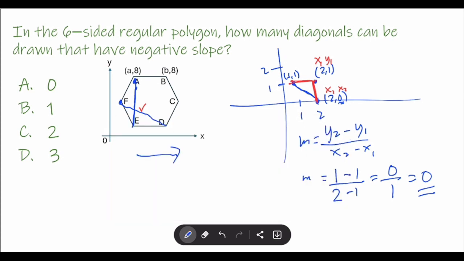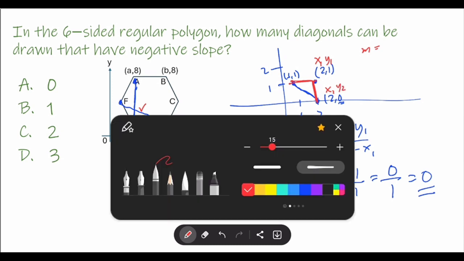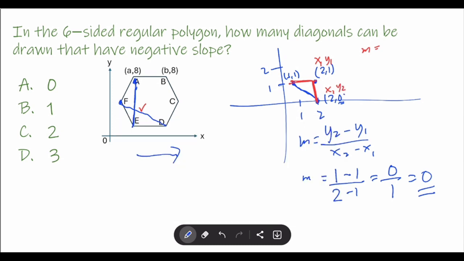If I compute the slope, m is equal to y2 minus y1 over x2 minus x1.